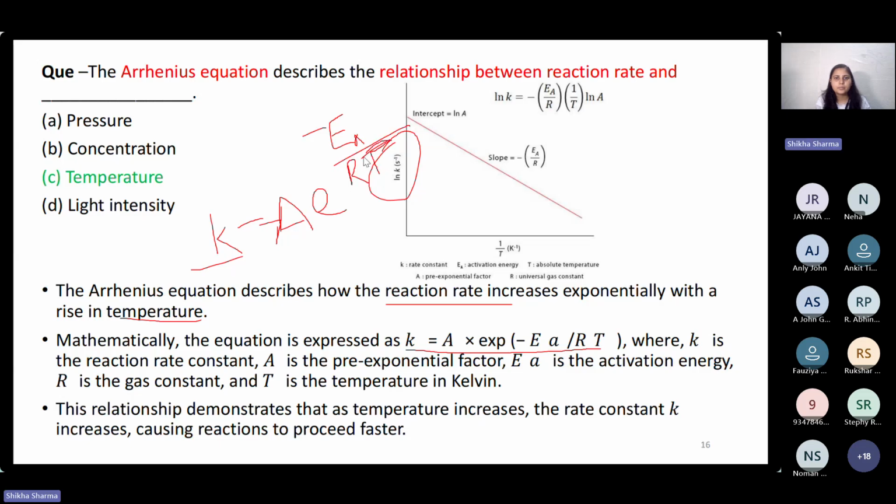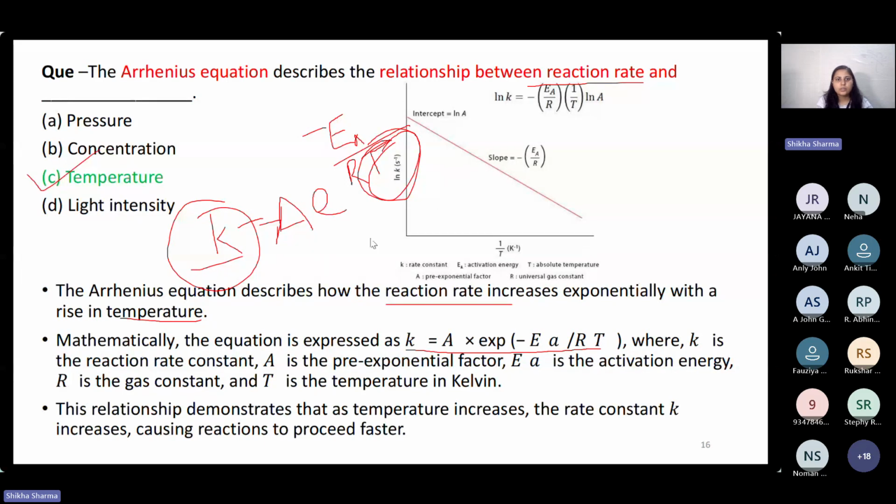So here is a relation between temperature and the rate of the reaction, or the rate constant of the reaction. This is basically the relation between reaction rate and temperature.